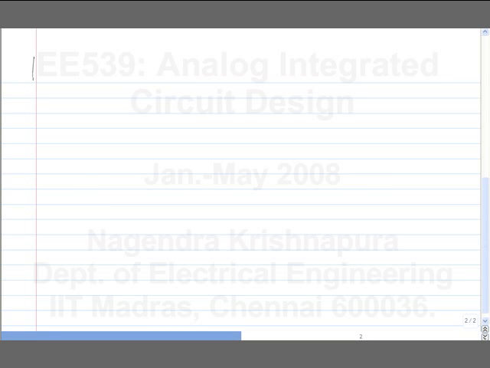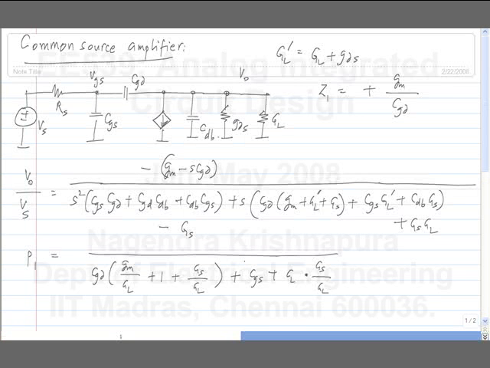And the higher frequency pole P2 is some fraction of GM plus the load resistance that's connected. The load resistance everywhere is the primed total load resistance.